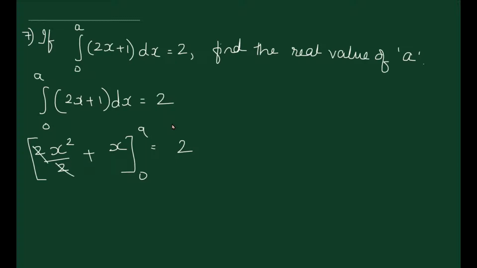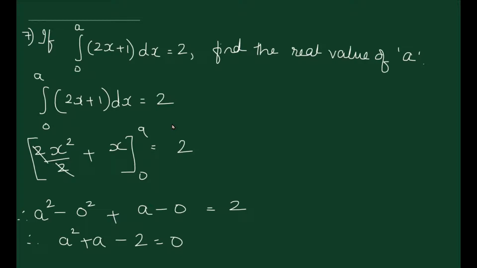Now we put the upper limit of integration, which is a square, minus the lower limit 0 square, plus a minus 0 for the x term. The whole thing is equal to 2, and therefore we get a square plus a minus 2 is equal to 0.